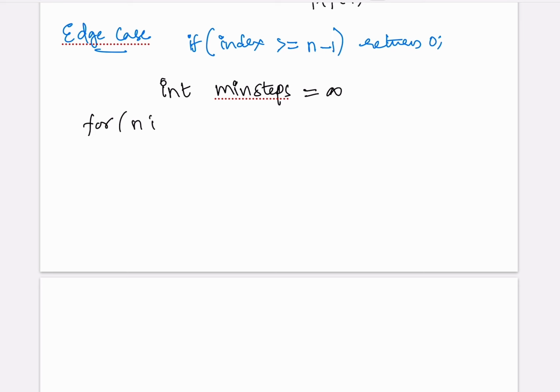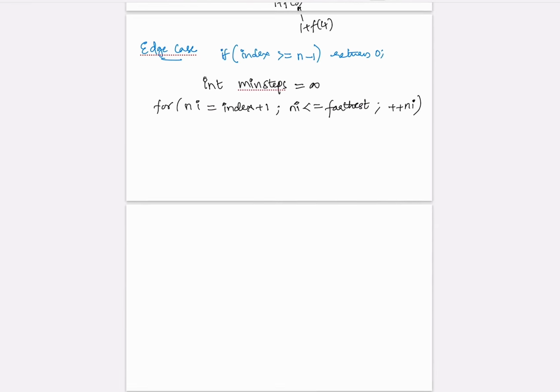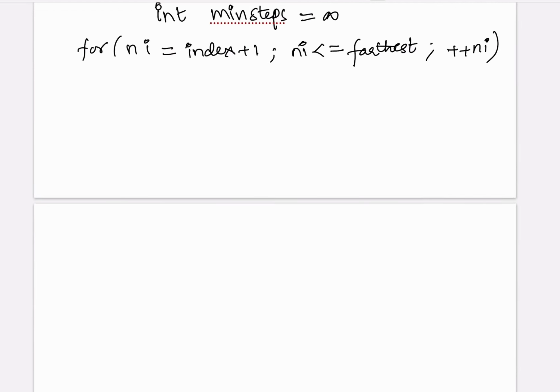This new index starts from index plus 1, and it goes up to some farthest point, and we add it. So the general idea is, I have written a for loop here.